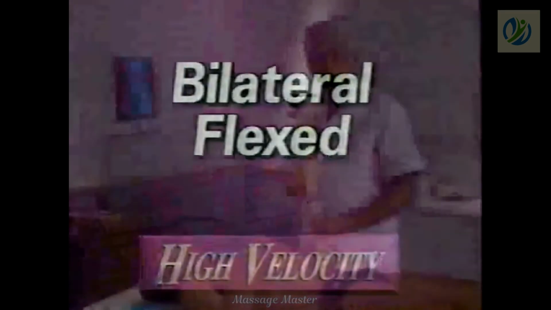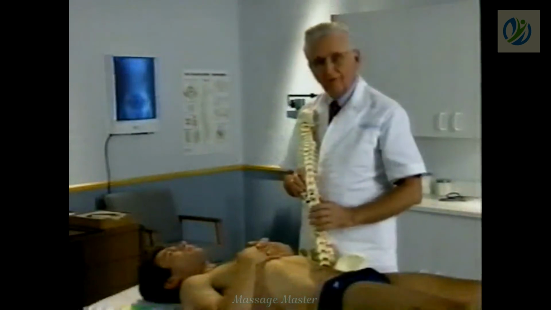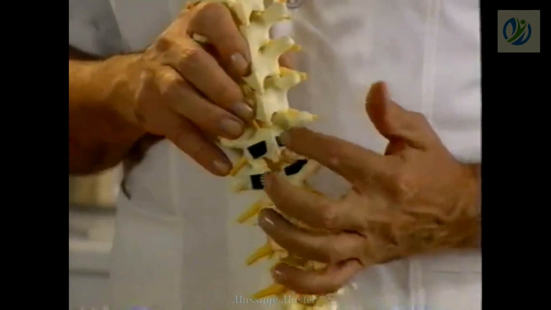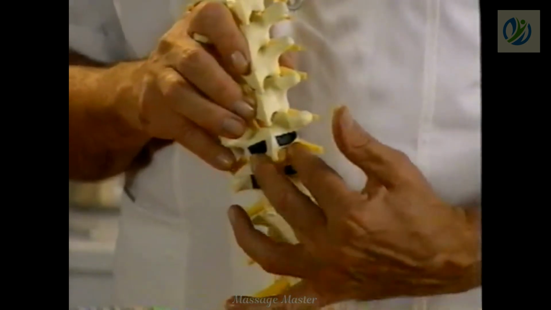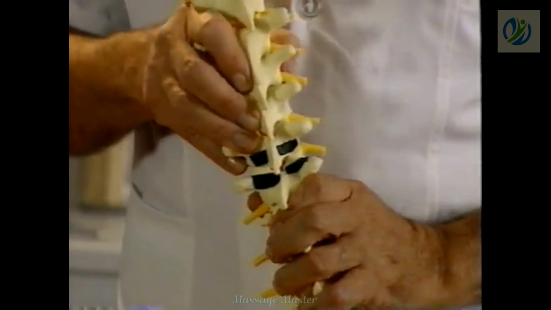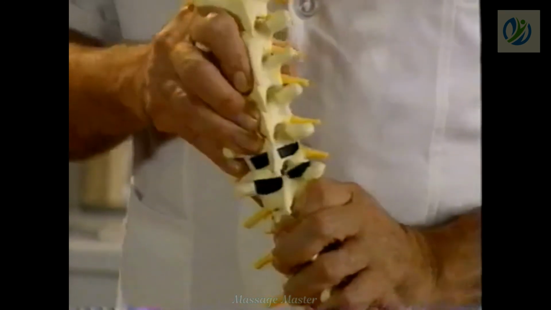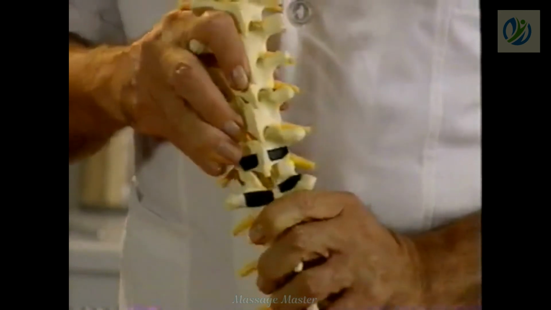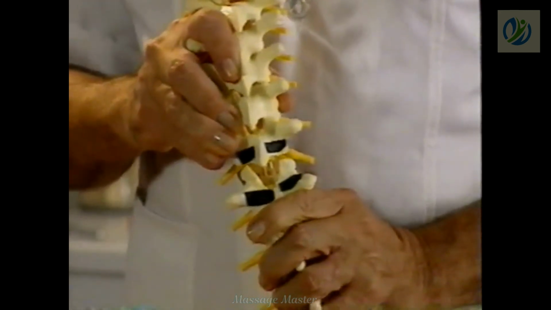It is possible in a lower thoracic spine to have bilateral restriction of a facet joint in which both facets are held in an open position or flexed and resist extension, so that we wind up with bilateral extension restriction. The segment is bilaterally flexed.